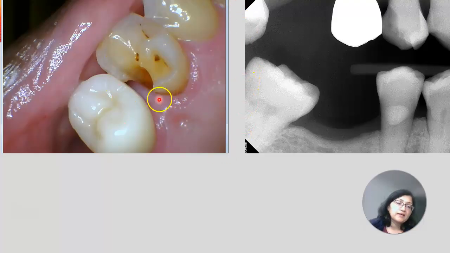Now, you have a patient who has come to you with this broken restoration. All you can see is there's a lot of gingival overgrowth there, and it's not that easy from this picture at least, but when you see the patient clinically, you can probe and see where the restorative margin or the decay is.